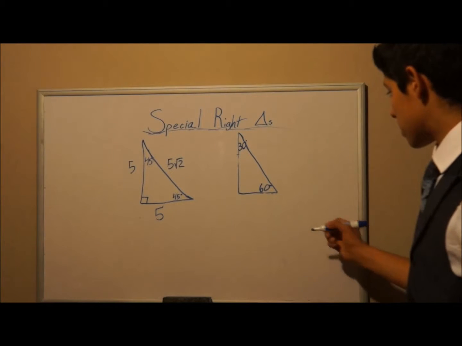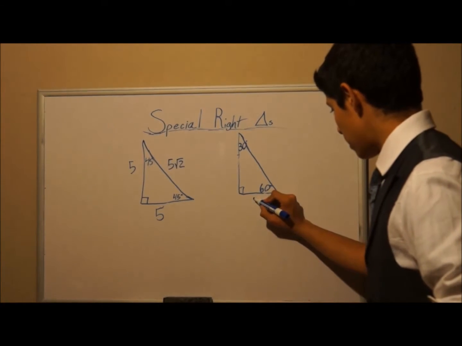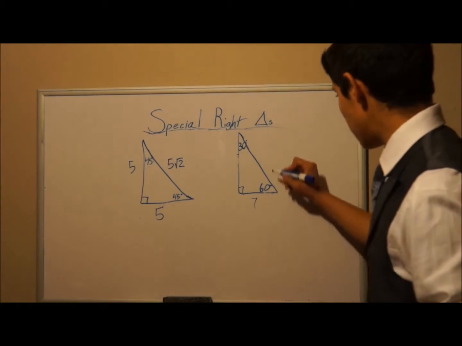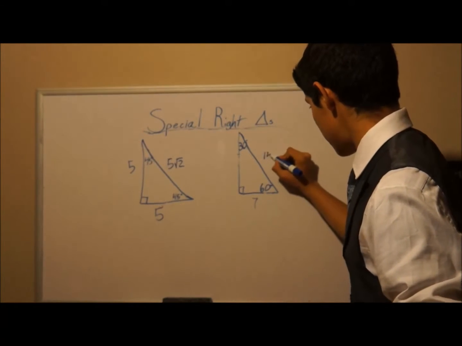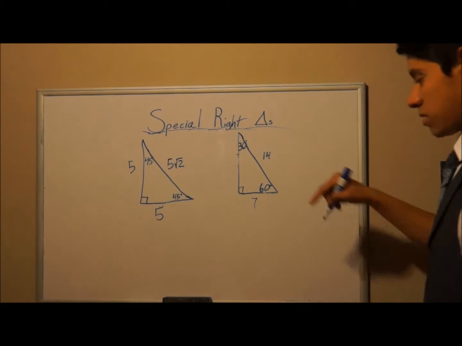Let's go to 30, 60, 90. Let's say this is 7. If that is 7, then this, the hypotenuse, must be 14, because it is leg 1 times 2.